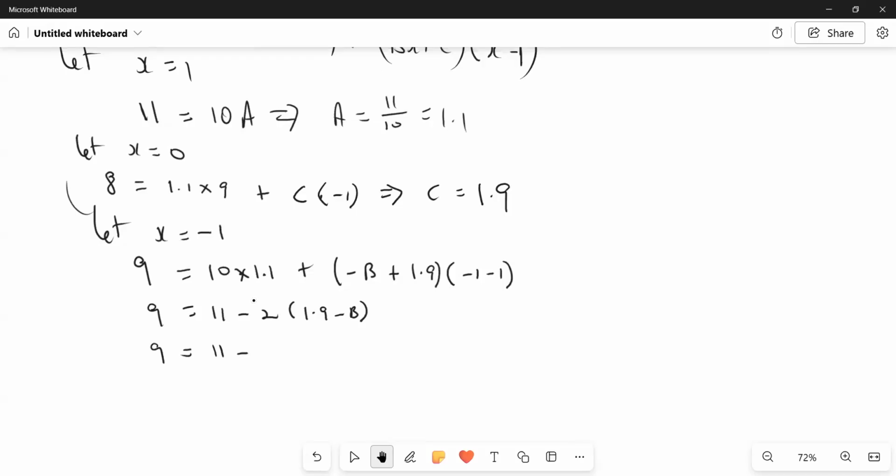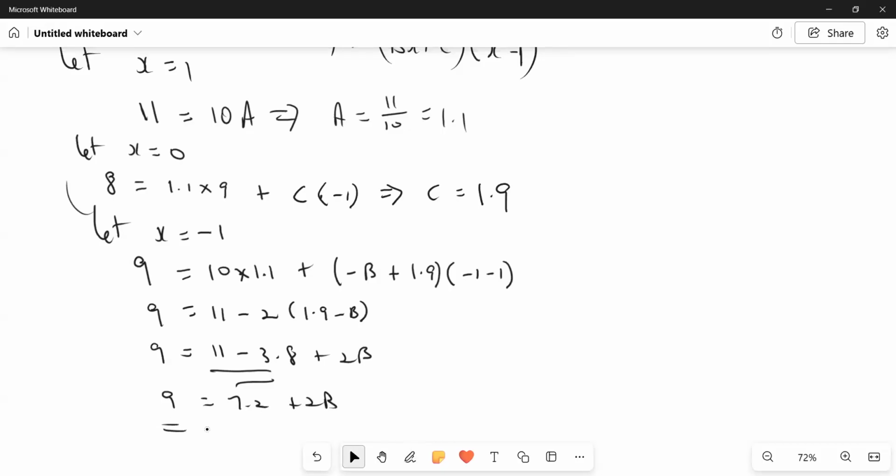But you want to go and multiply them by say 2 times 3.8, okay, minus 3.8 plus 2b, right? So, all right, what's this now? 9 equals, what's that? 11 minus 3.8, 7.2, 7.2, plus 2b, right?